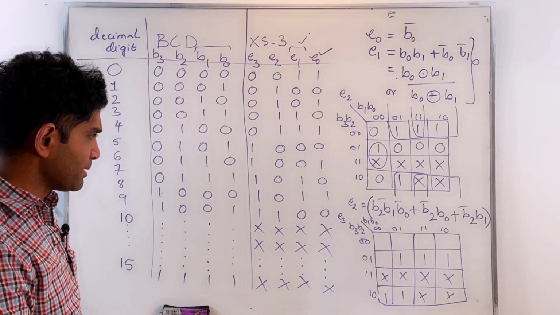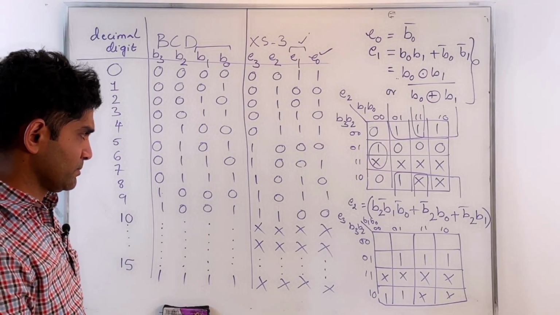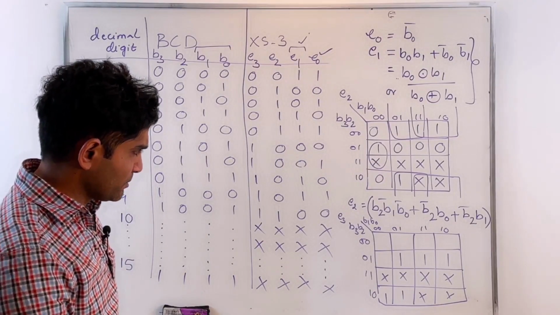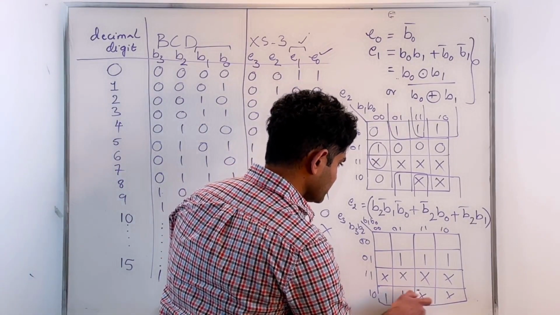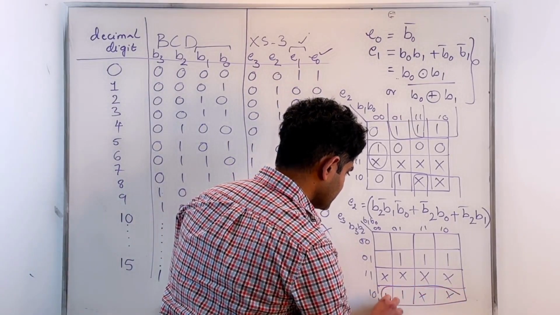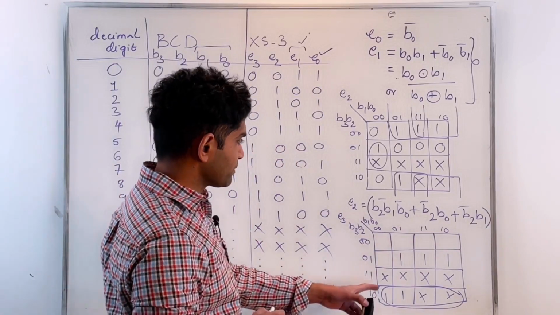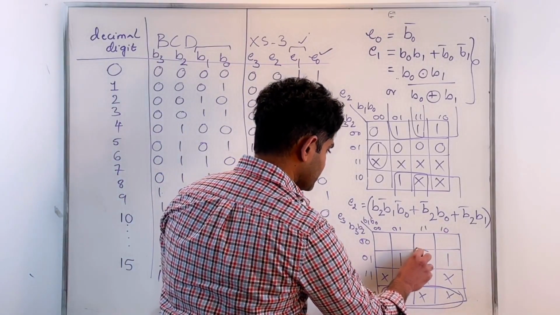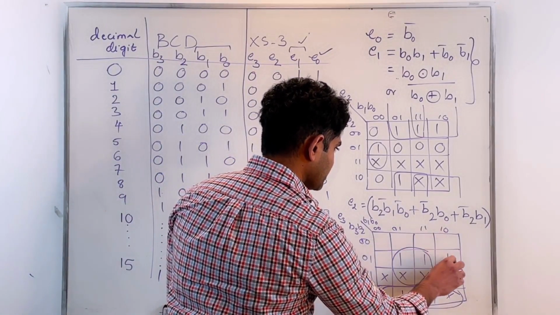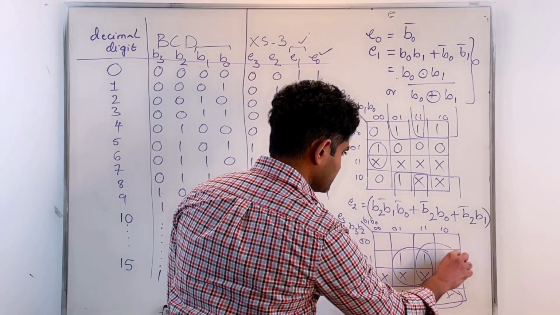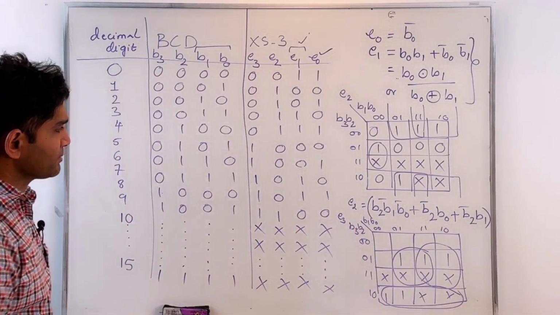What is the best way to combine them? So I could combine these two ones into this combination. So that's accounted for. And now I have to combine these two adjacent cells. And that will give me E3.